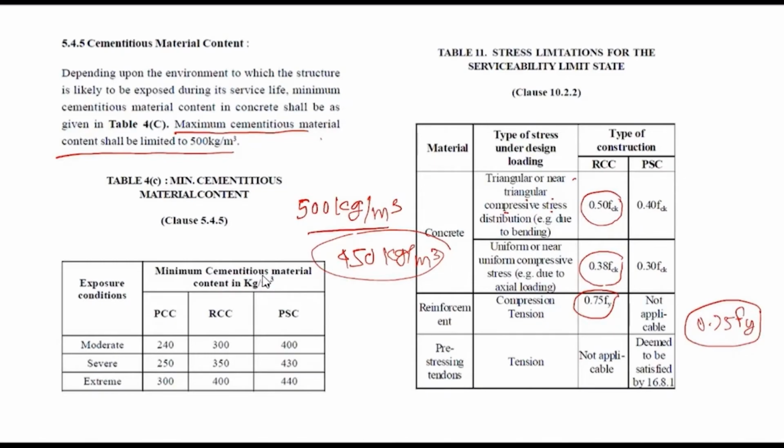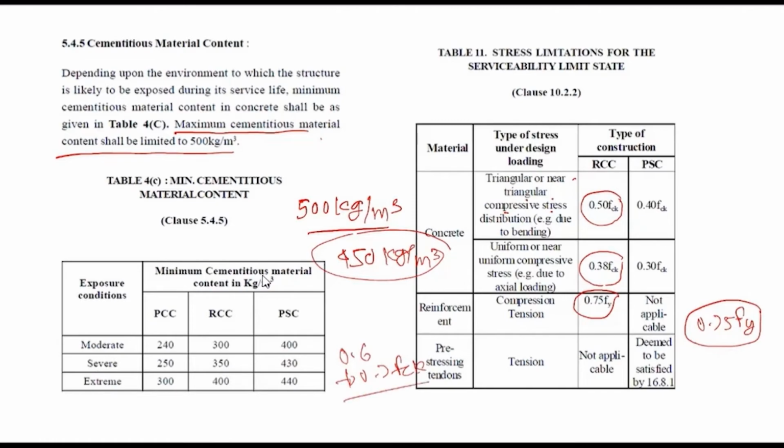The restriction of stress in concrete to 0.5 fck in bending or 0.3 fck in compression is, first, because macro cracks may appear in the concrete if the stress goes higher than 0.6 to 0.7 times fck.